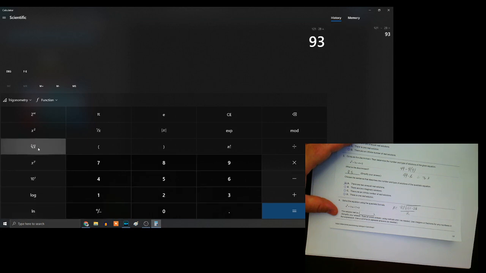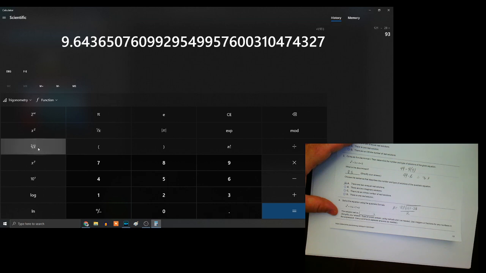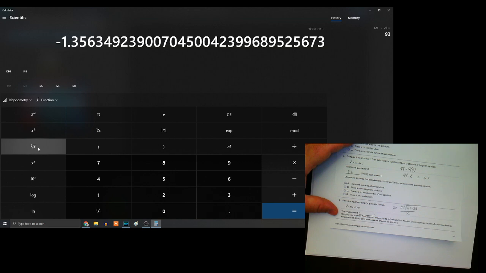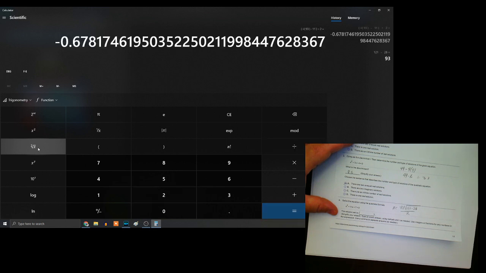We're going to take the square root of 93. We've got 9.64, right? So negative 11 plus 9.64, and we're going to divide that by 2.